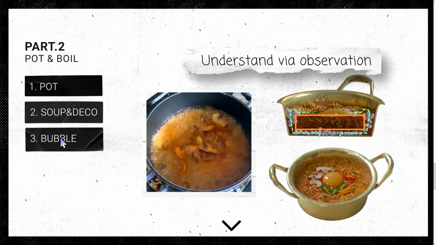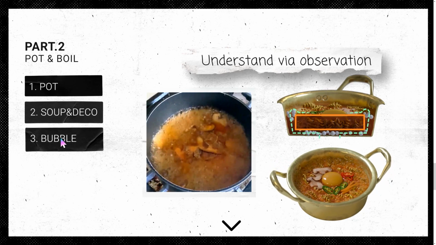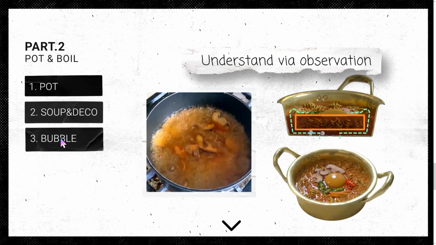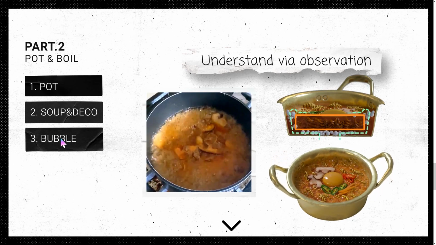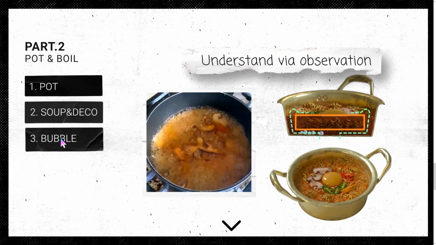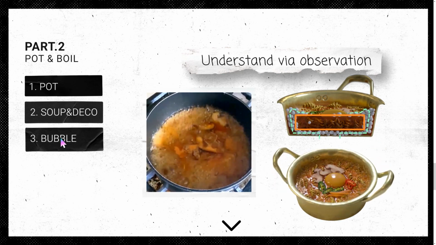But because of the contents of the ramen, noodles and veggies, they can't pass through easily. So they try to find a way to go up, and then eventually they find the edge of the pot. And when they arrive, the next bubble pushes them, and that's why they try to go to the center.